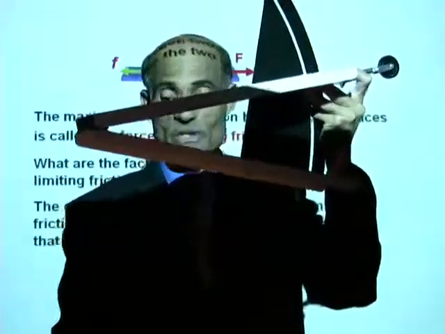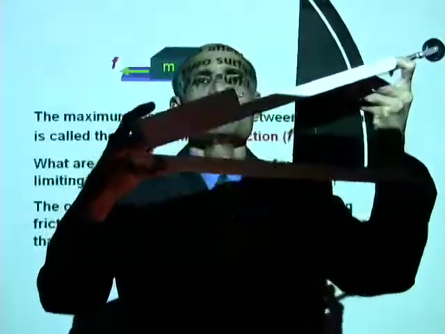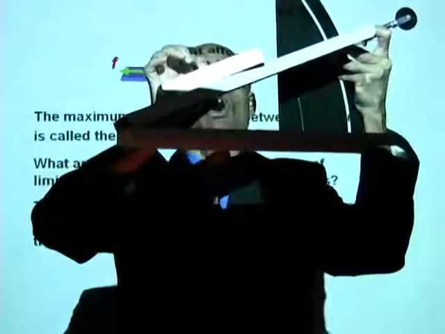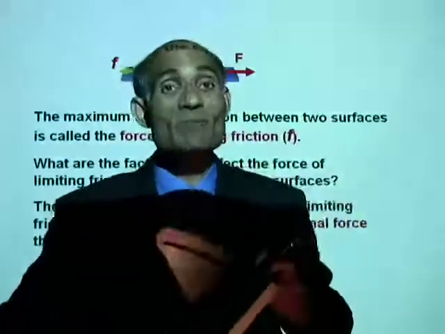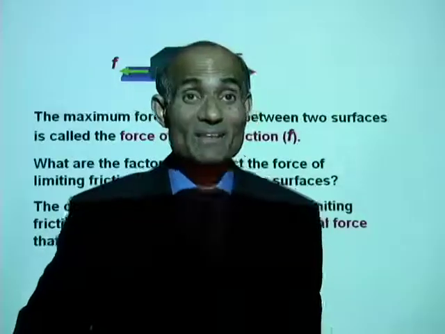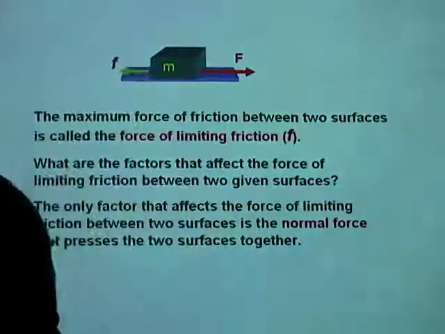Anybody remember that equation that we developed? When the block of wood is on an inclined plane, what is the normal force pressing the wood onto the surface? It will be mg cos theta. Is that right? Yes. We will be looking at that as we move on.